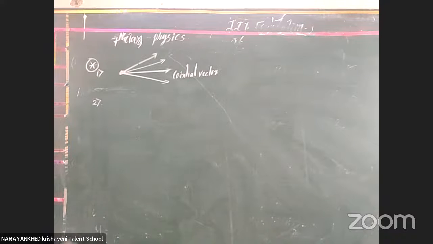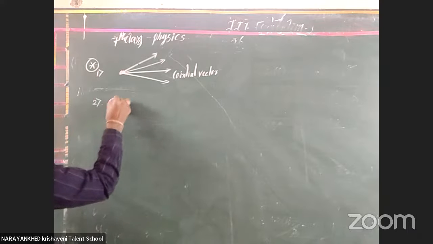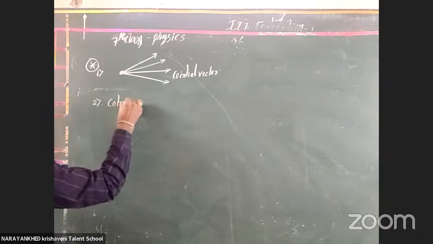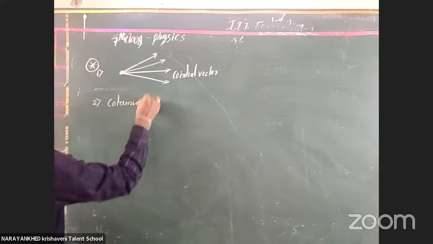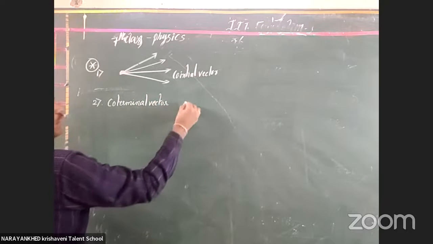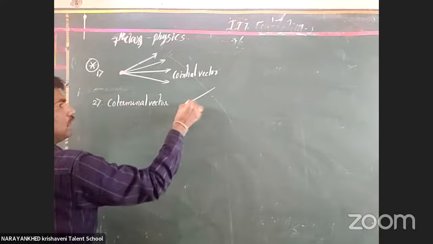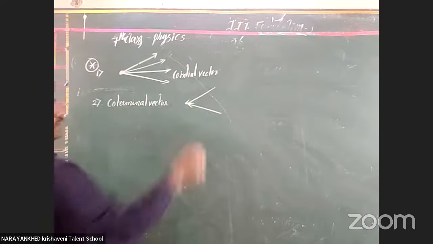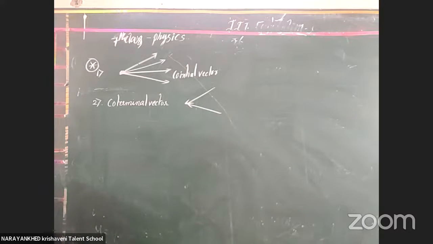Now, the second one is co-terminal vectors. What is the meaning of co-terminal vectors? They all meet at one particular point P. Clear or not, all the students?